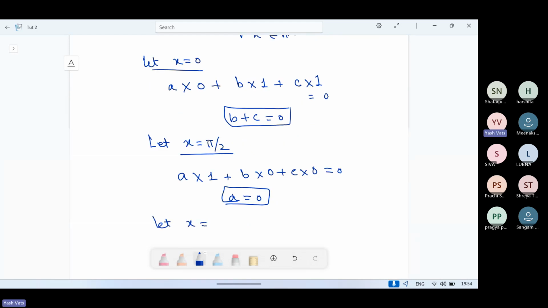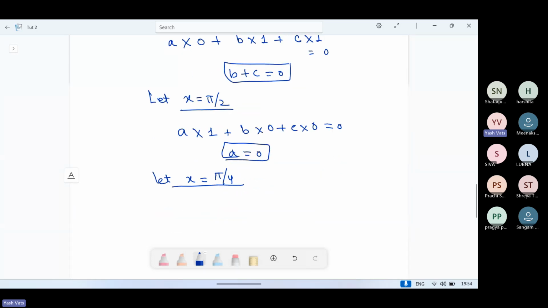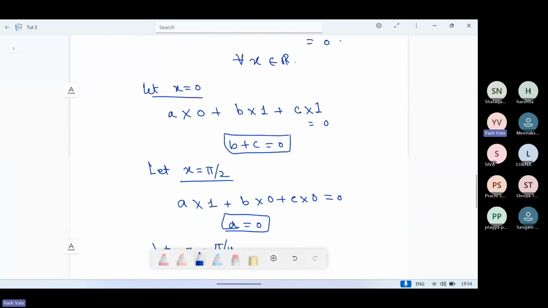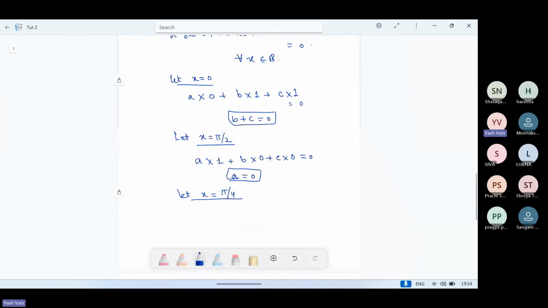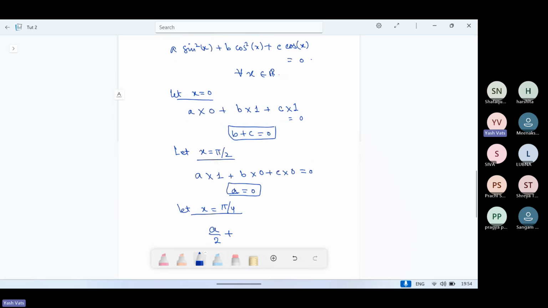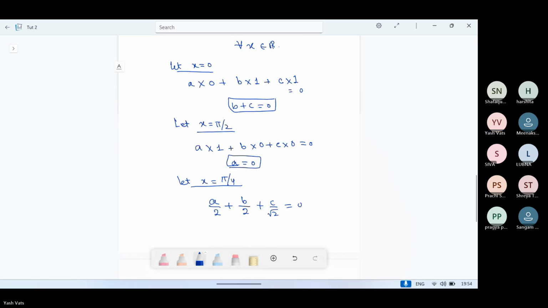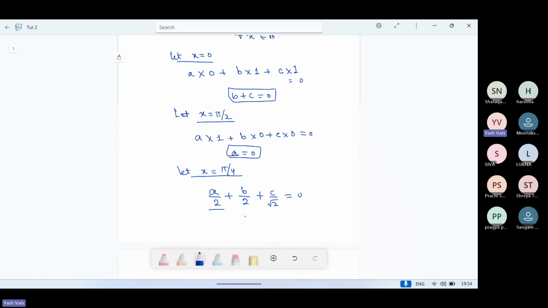And similarly, because there are 3 variables, you need 3 equations. So x is pi by 4. Then in that case, you have a by 2, because sin pi by 4 is 1 by root 2, and b by 2 plus c by root 2 is 0. So since a is 0, so b plus root 2 c is 0, and b plus c is 0.